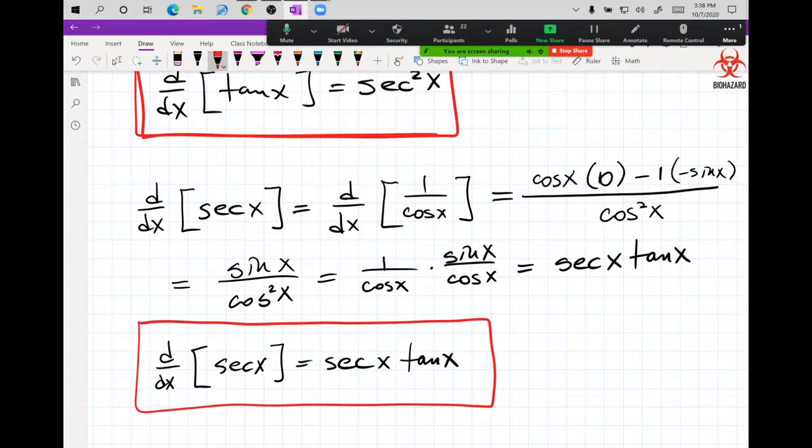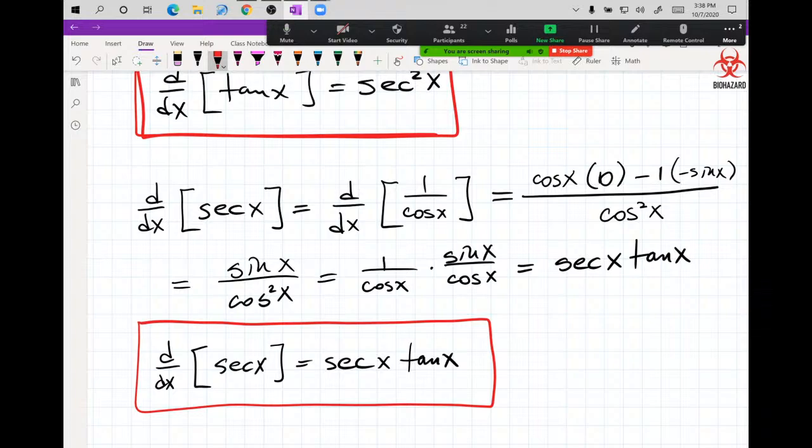And for the last 4 functions, which are tangent, cotangent, secant, and cosecant, you get to use the quotient rule, right? Because you can rewrite those 4, and you have everything done.